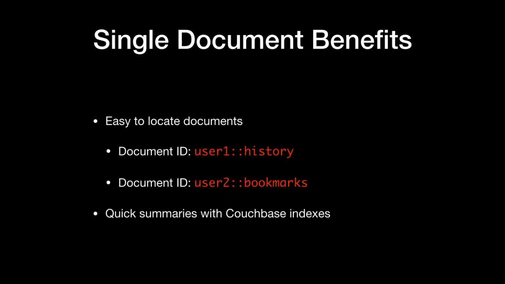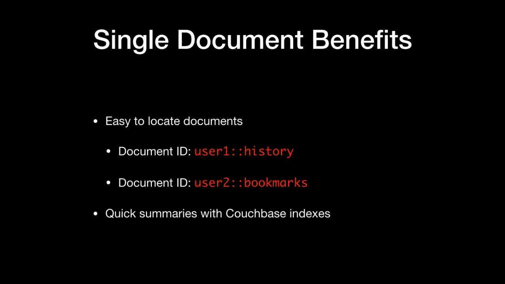So, some benefits of the single document approach, and this is where a single document would be replicated across all data centers and would contain the user's entire content viewing history. The single document has many benefits. It's easy to locate.